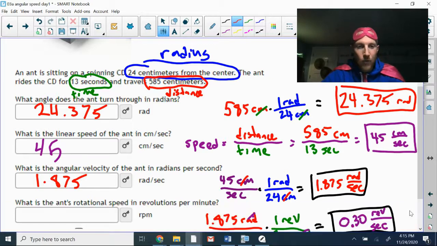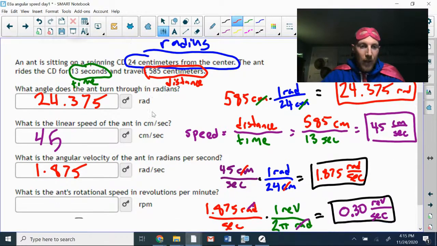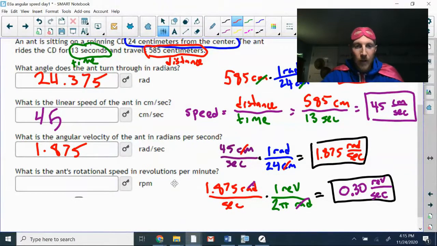Last question. What is the ant's rotational speed in revolutions per minute? So I'm going to take my previous answer, angular velocity 1.875 radians per second, and use my conversion factor to get from angular speed to rotational speed, which is 1 revolution per 2 pi radians.